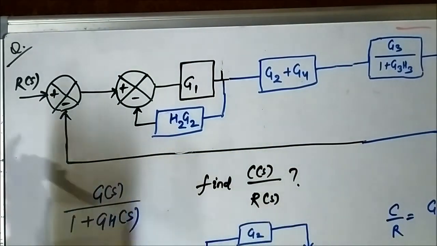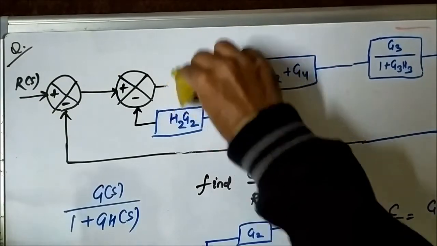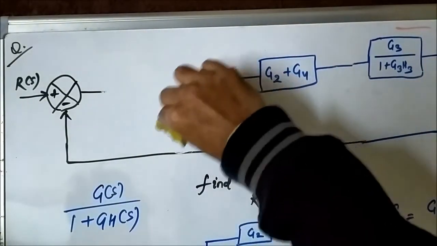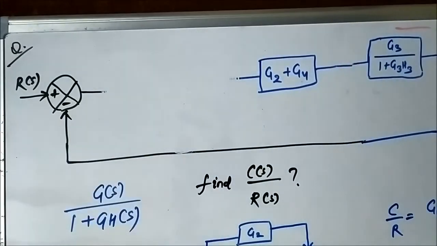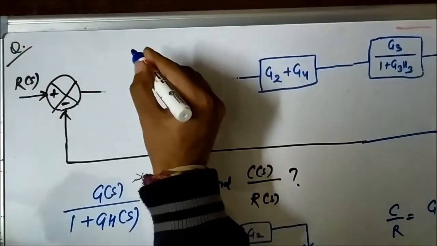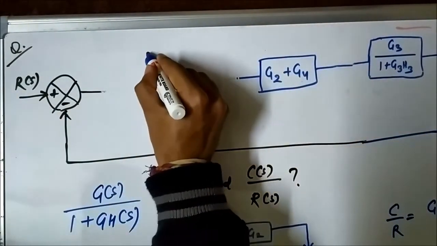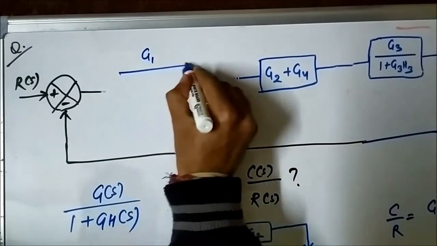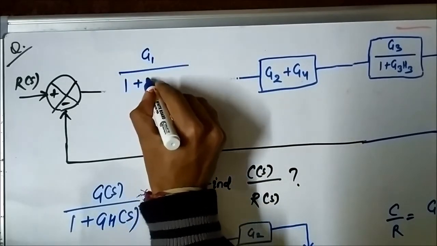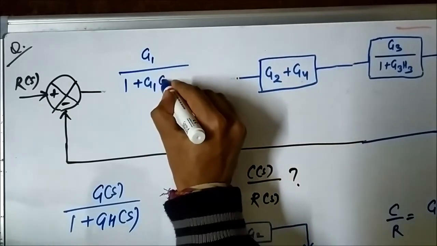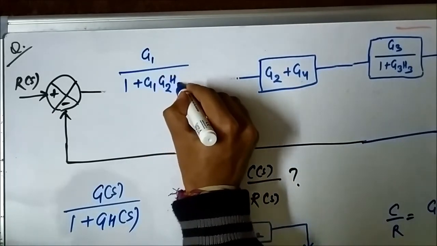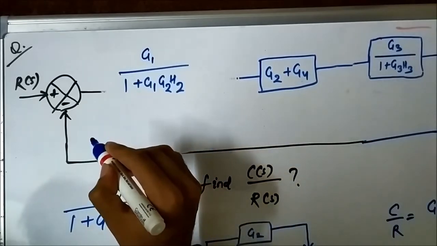So we are going to again convert this into a single block, which is G1 by 1 plus G1 G2 H2.